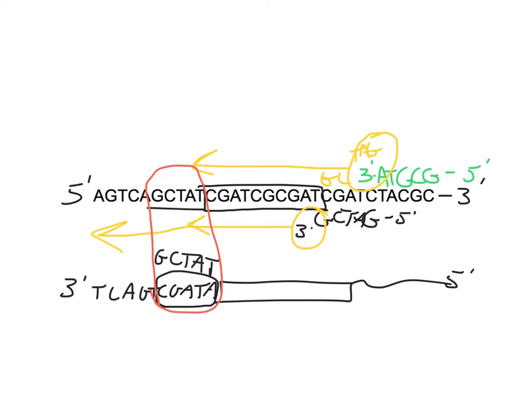So over here on the right side, if we wrote out that DNA sequence that's complementary to the top strand, it would be GCTAG, which is exactly the same as the primer we designed for starting the copying of the top template strand.